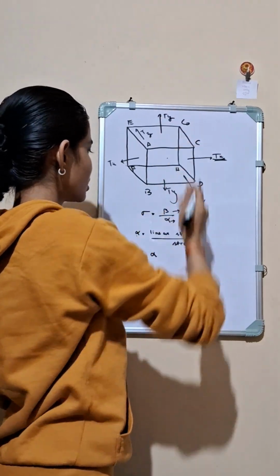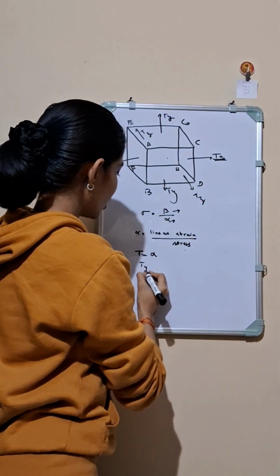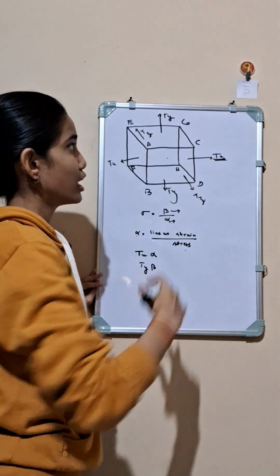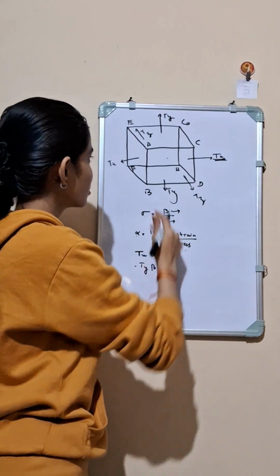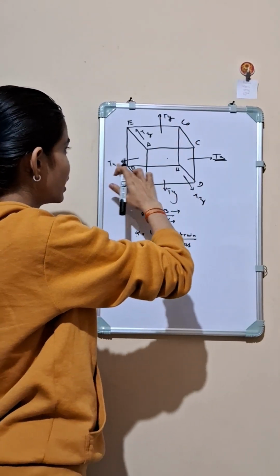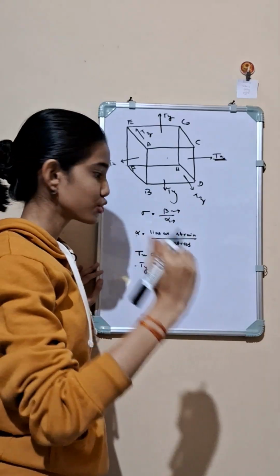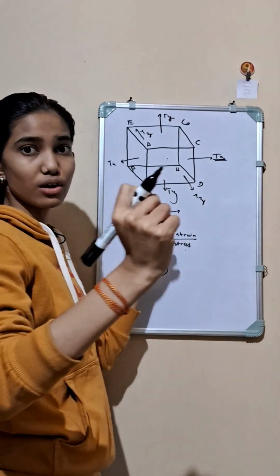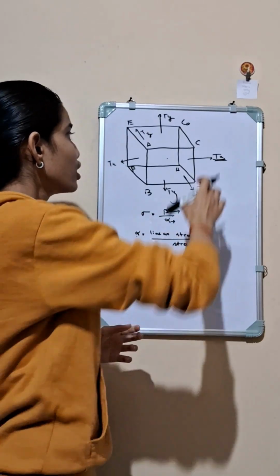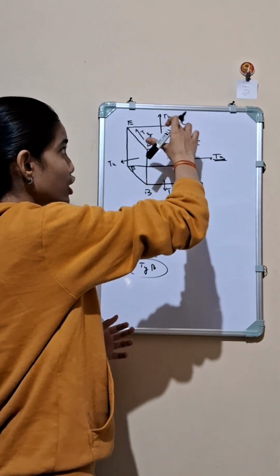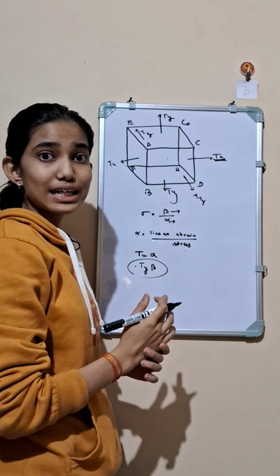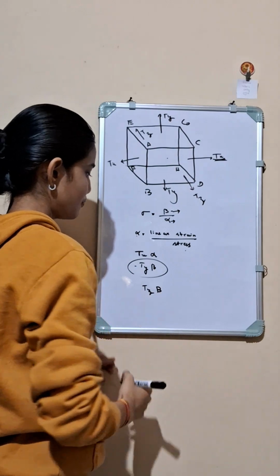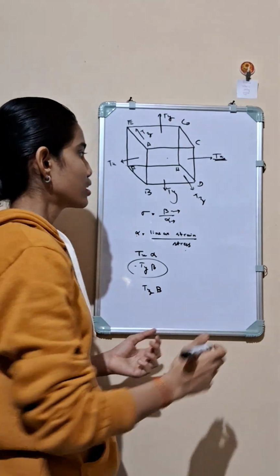So for y stress, I will do Ty into beta, lateral strain into stress along y axis, and due to this Ty, the length along x axis will decrease by this amount, and similarly due to stress along z axis, the length along y and x will decrease by the amount Tz into beta. I hope you are clear.